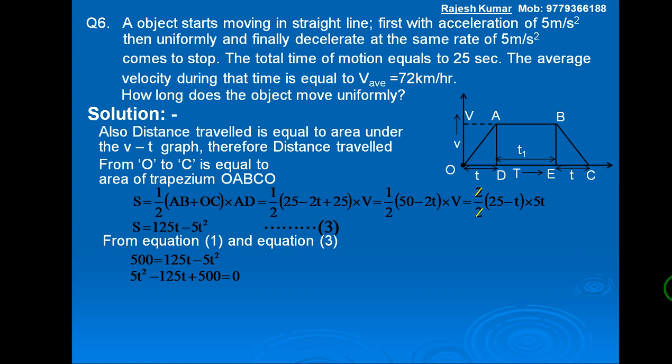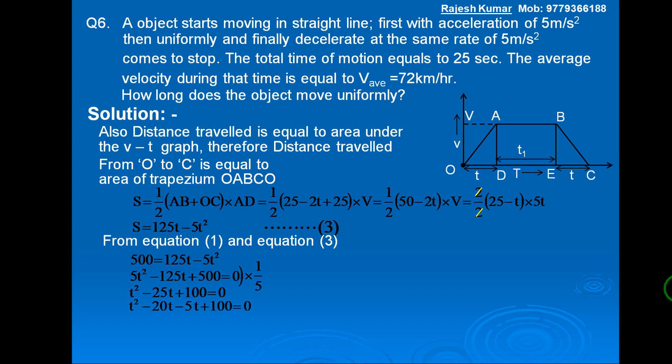Dividing by 5, we get t square minus 25t plus 100 is equal to 0. Now factorizing it, we get t square minus 20t minus 5t plus 100 is equal to 0.